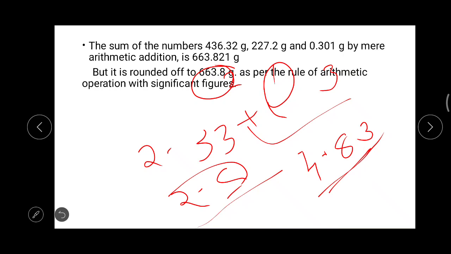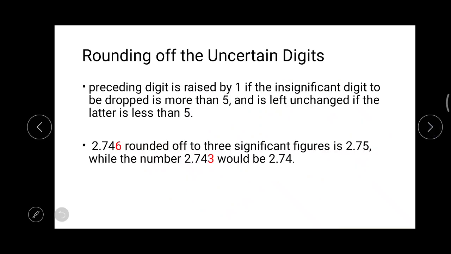So let us come to the rounding of the uncertain digits. How to do the rounding off of the uncertain digits or figures? Actually there are 3 major rules. Two of them are given as the first point.